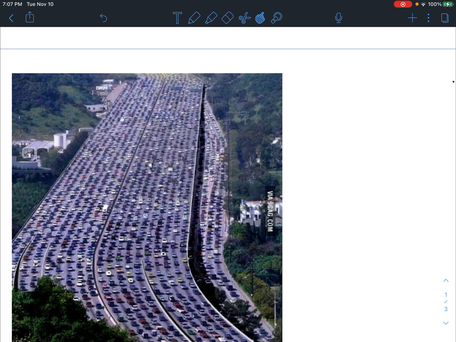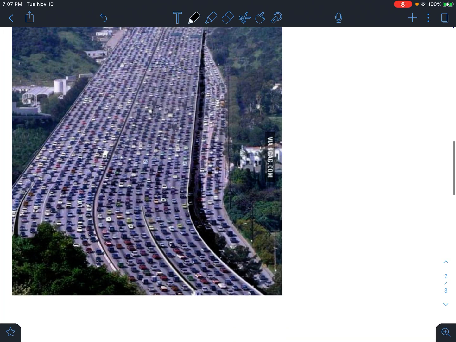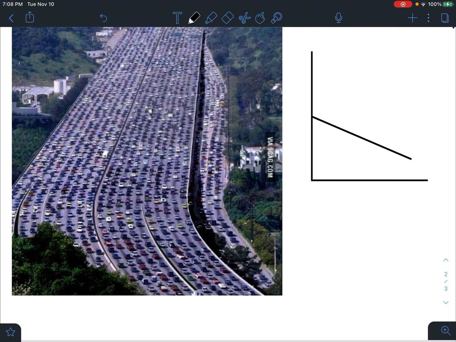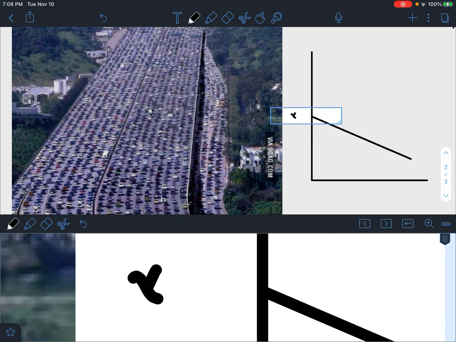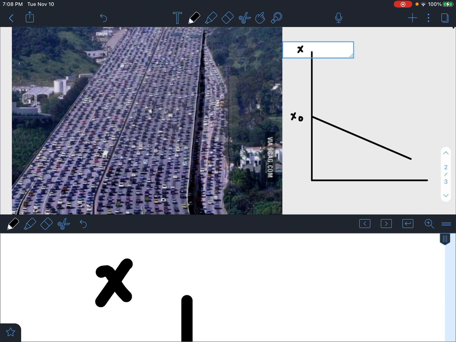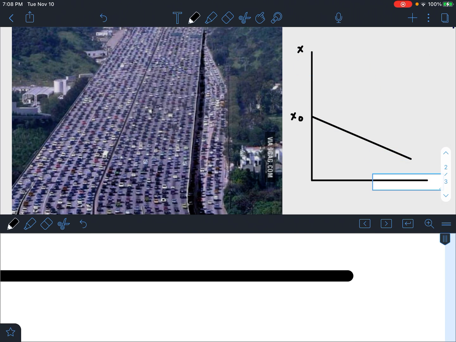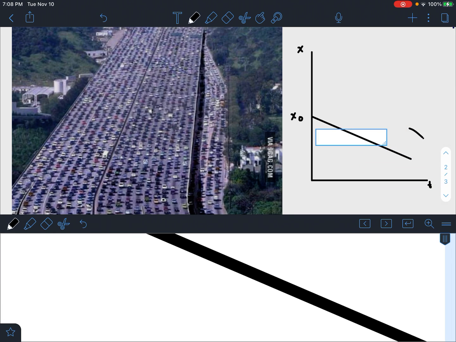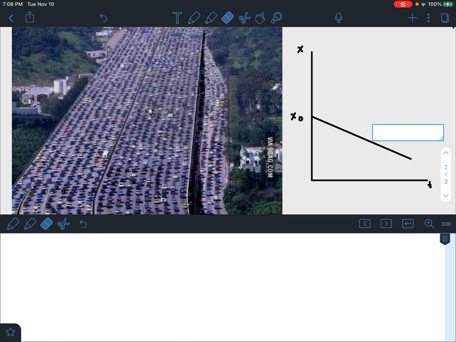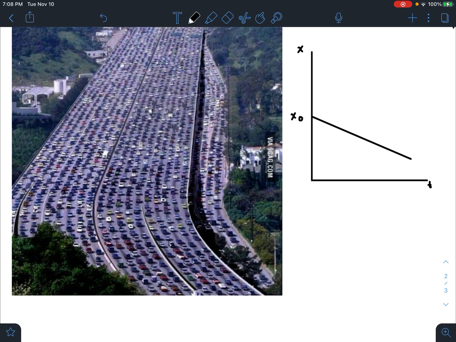If you were to graph this, the graph should look similar to this. You have your initial point, x initial, and this is basically a position versus time graph.